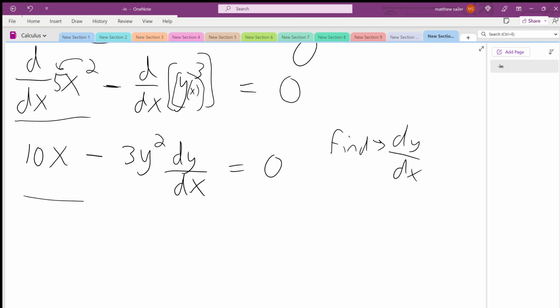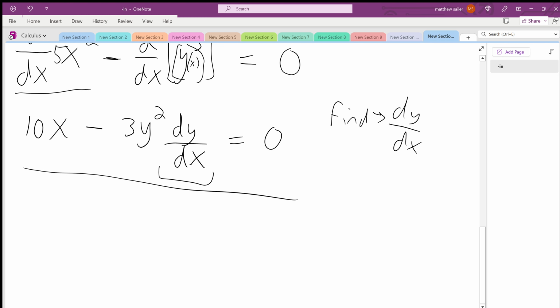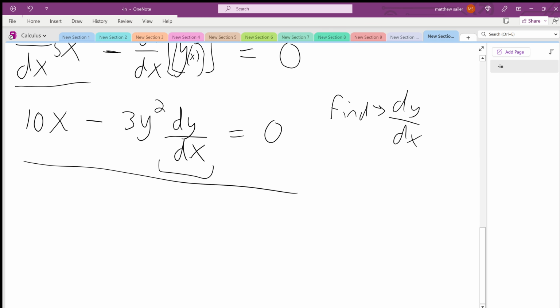And we really have an equation with dy dx in it, so all we have to do now, step 2, is just solve for dy dx. So we can move the 10x to the other side. We get negative 3y squared dy over dx equals negative 10x.